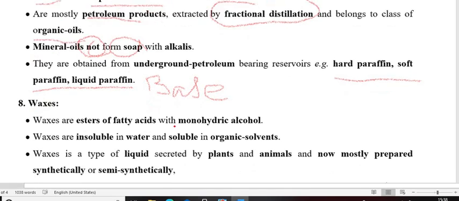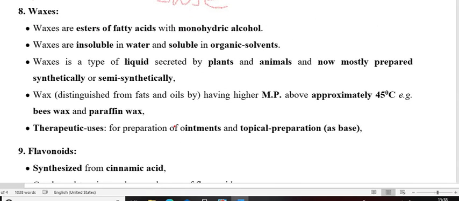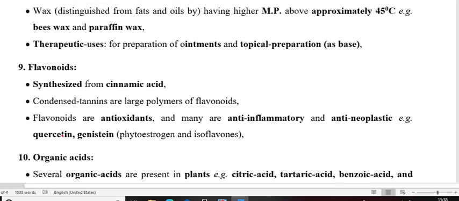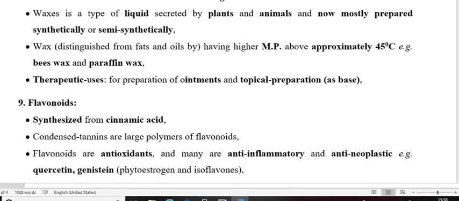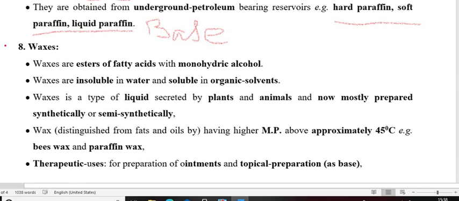Now we have to go through the other sources of the drug, like waxes, like flavonoid, like organic acid, like enzyme. So we are going to discuss these. So why waxes, as a source of the drug?